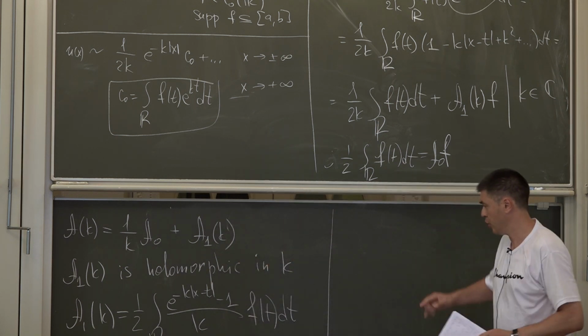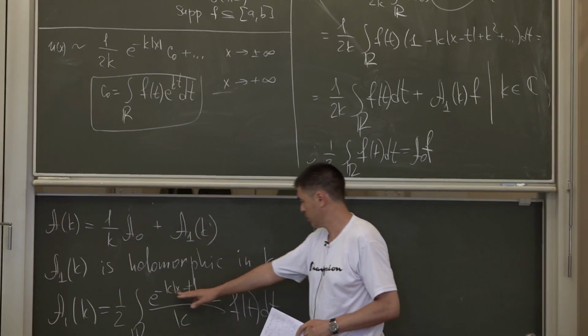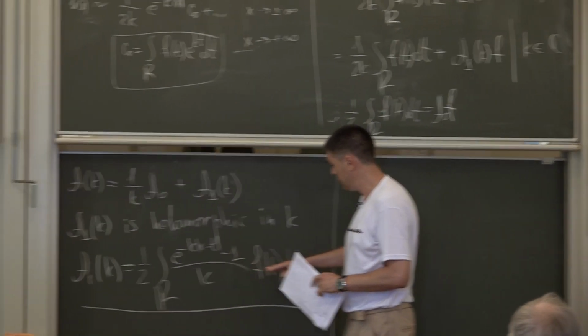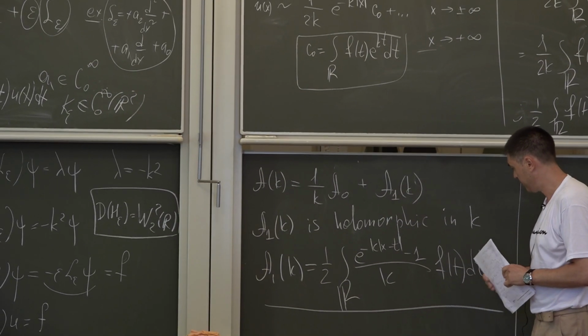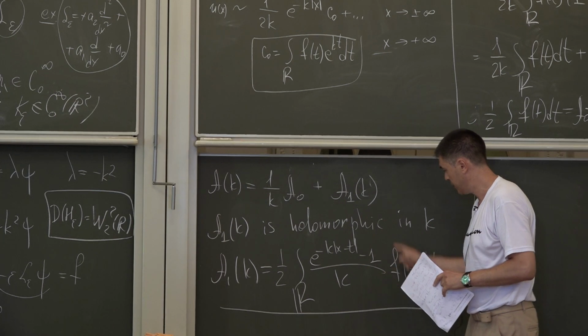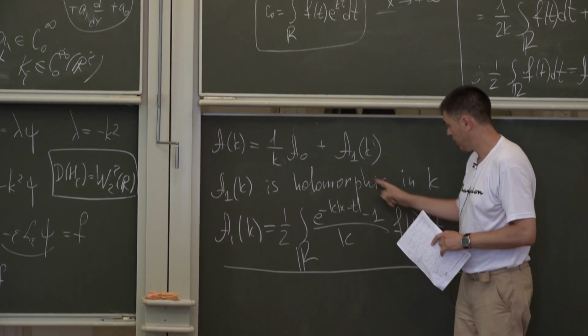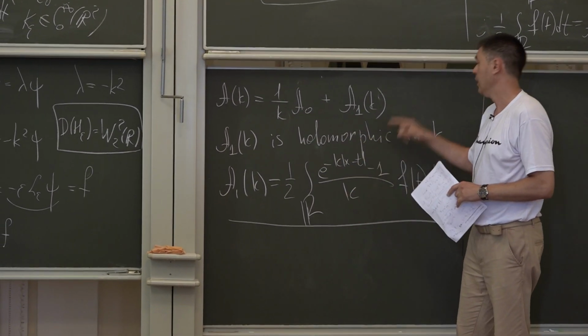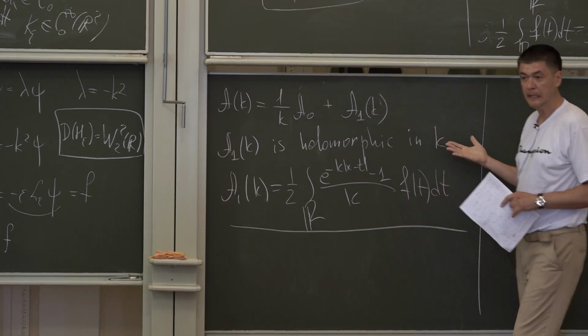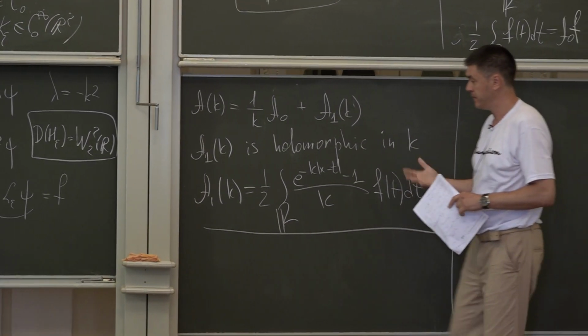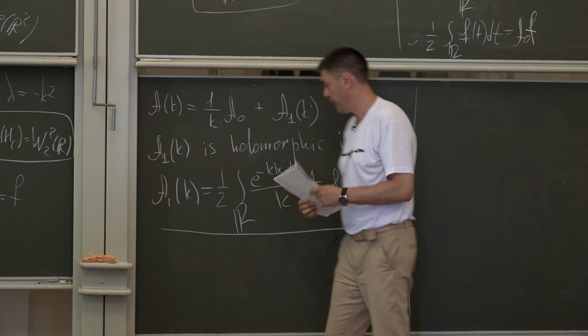And if we don't think about the convergence of all these integrals at infinity, then we see that this quotient is holomorphic in K. This is the reason why we can say the same about A1.